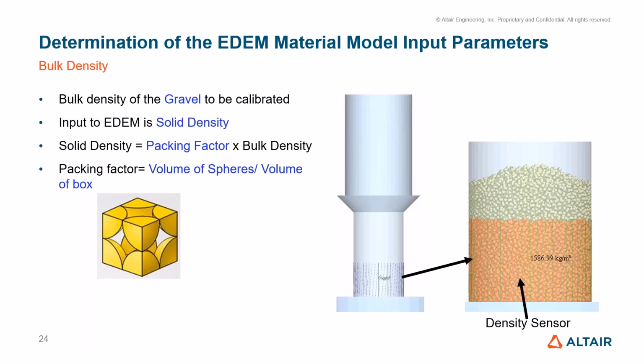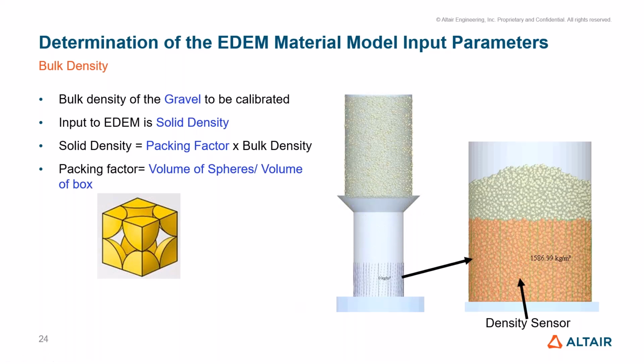The packing factor can be calculated as the volume of the spheres divided by the volume of the box. You can use this approach to start the calibration, so that if you multiply the packing factor by the bulk density, the number of iterations to achieve the bulk density calibration will be reduced.